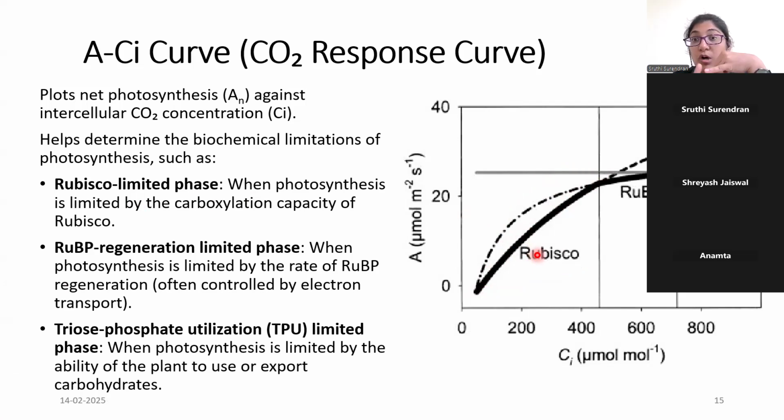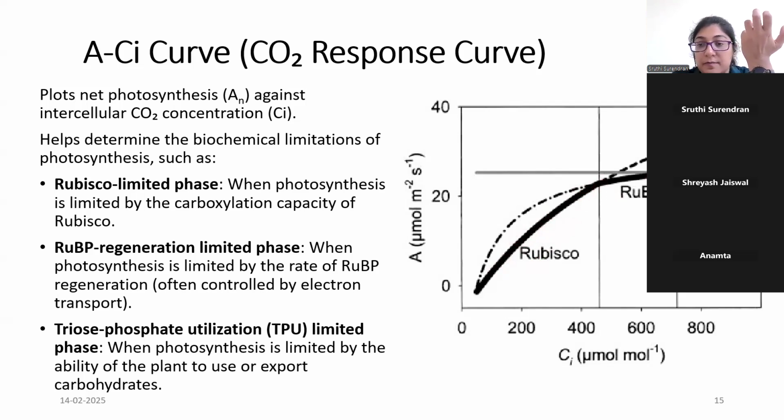One is the rate at which RuBP and carbon dioxide are being combined together with the help of the Rubisco enzyme. That is called the Rubisco carboxylation rate of photosynthesis. So from this part of the curve we can understand the maximum rate of carboxylation, how fast the carbon dioxide is being fixed.